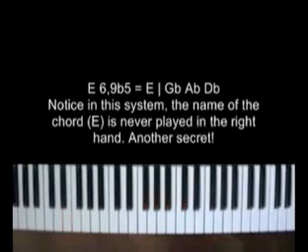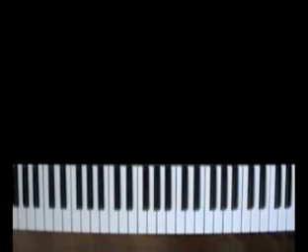And if you're unfamiliar with how to name these chords, get my chord naming system volume. It tells you how to immediately look at any chord and figure out what the name of it is. Or if I told you to play a chord, you'd be able to put your hands right on it. That's the chord naming system. So here we are, E6-9 flat 5, E in the bass. Let's hear that change.